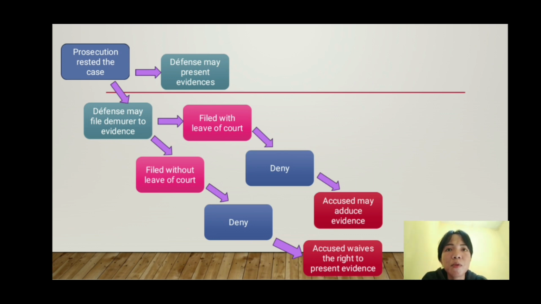So in this, we see that both demurrers are denied, so the accused may adduce evidence, or the accused waives the right to present evidence and has no more right to present evidence in front of the court.